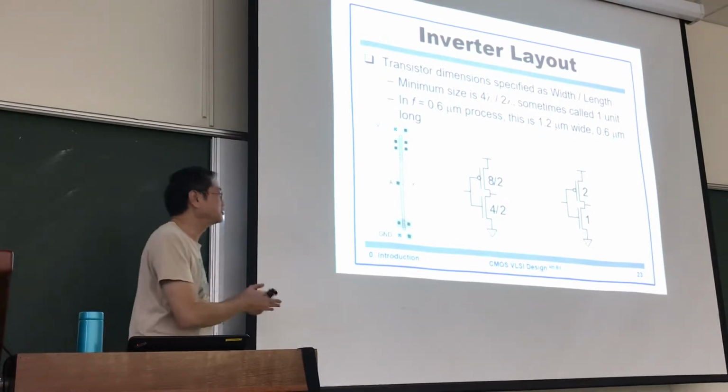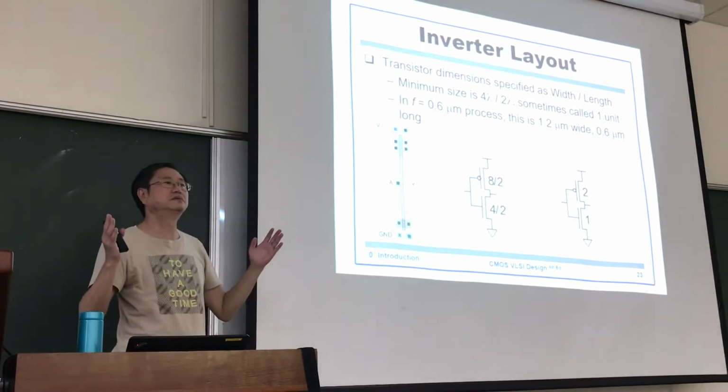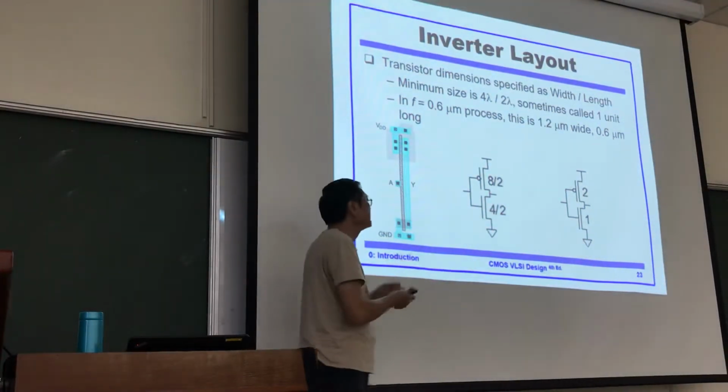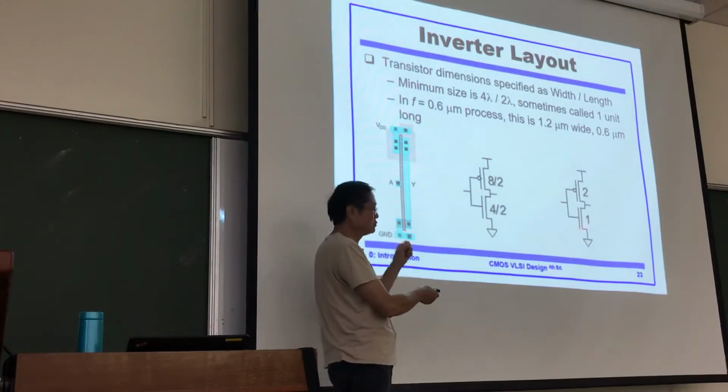我们让 PMOS transistor 呢2倍的宽度, because the mobility of the PMOS transistor is only 1/2 of the mobility of the electron.